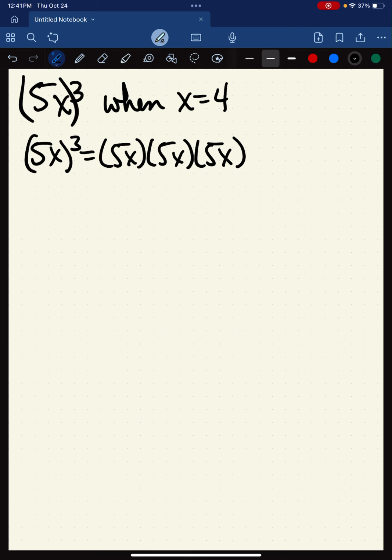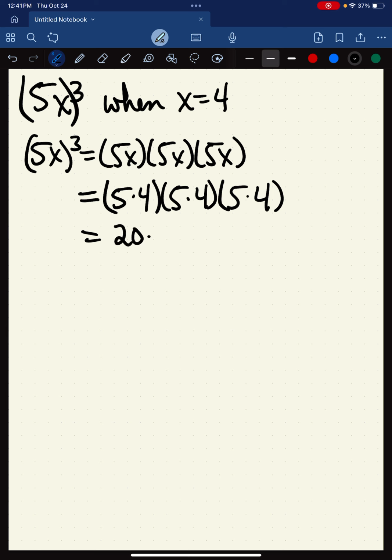Whenever we plug in 4, we're going to get 5 times 4. I'll go ahead and write it out: 5 times 4 times 5 times 4 times 5 times 4, which is 20 times 20 times 20. That's 8 with 3 zeros. So (5x) cubed when x is 4 is going to be 8,000.